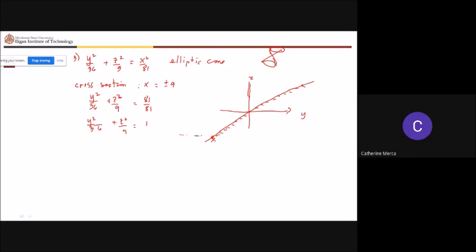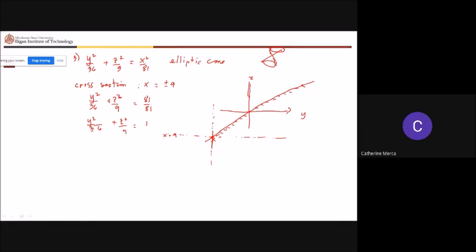It will go parallel to the y-axis, and then parallel to the z-axis. You can see the traces. So, this is at x equal to 9, right? Y is plus or minus 6.